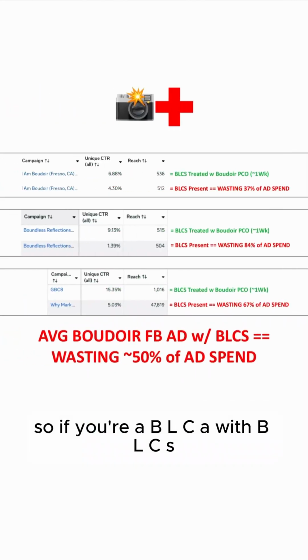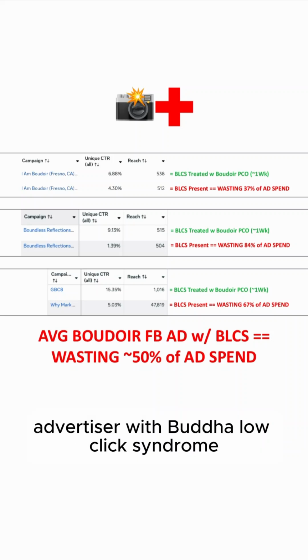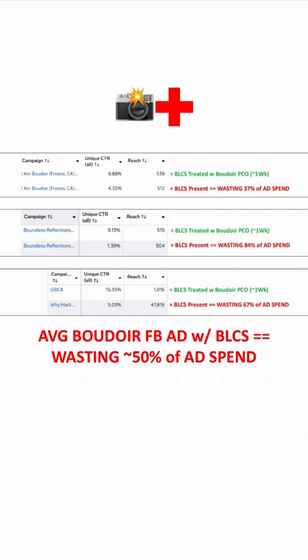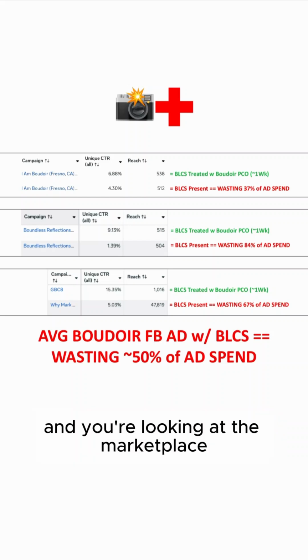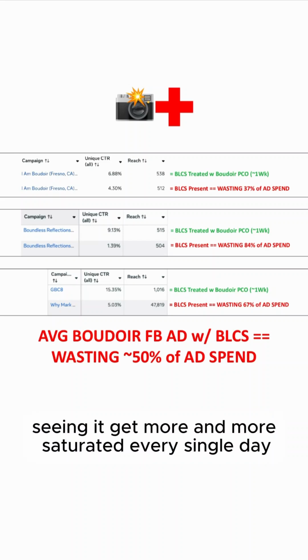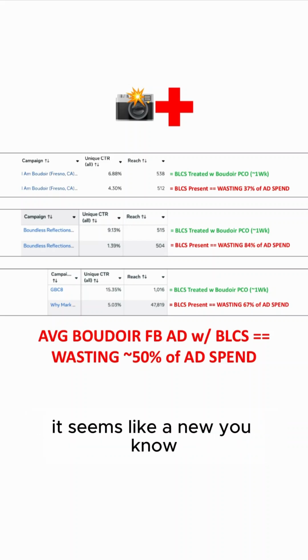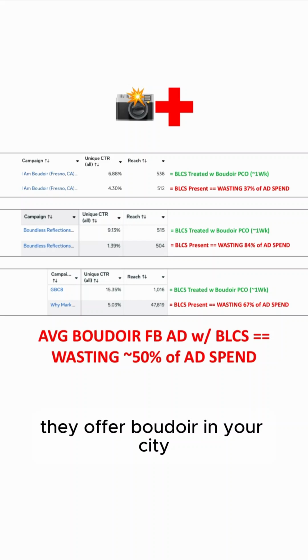So if you're a BLCA with BLCS, a Boudoir low click advertiser with Boudoir low click syndrome, your Boudoir Facebook ads' unique CTRL is under 6%, and you're spending more than 10 grand a month on Boudoir Facebook ads, and you're looking at the marketplace, seeing it get more and more saturated every single day. Every time someone gets a new iPhone, it seems like a new Google business profile pops up saying they offer Boudoir in your city.